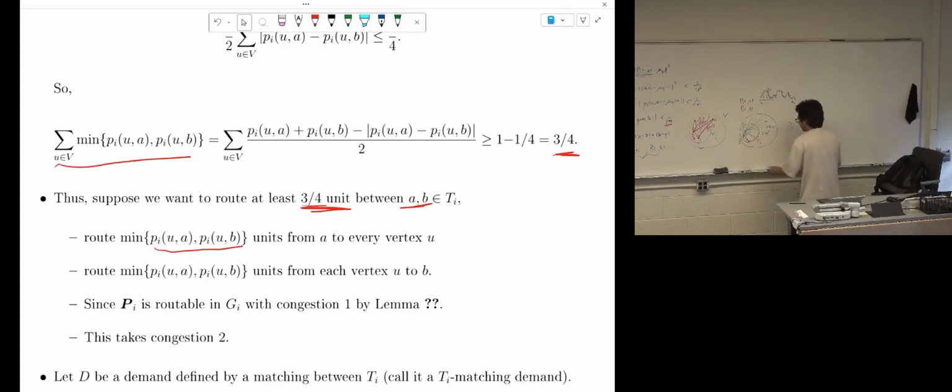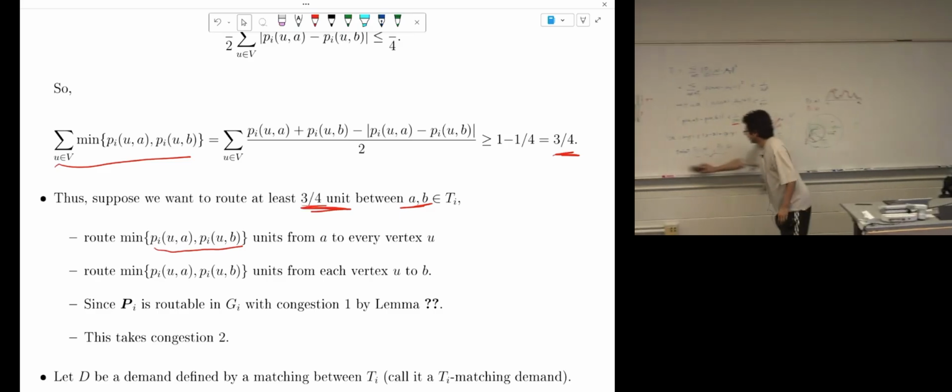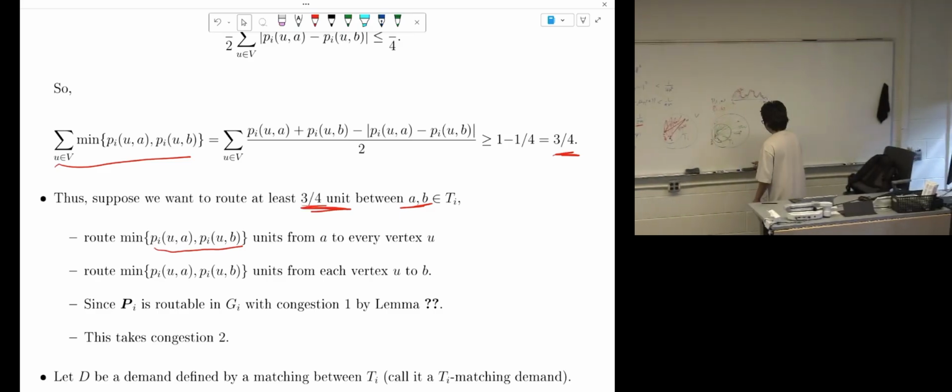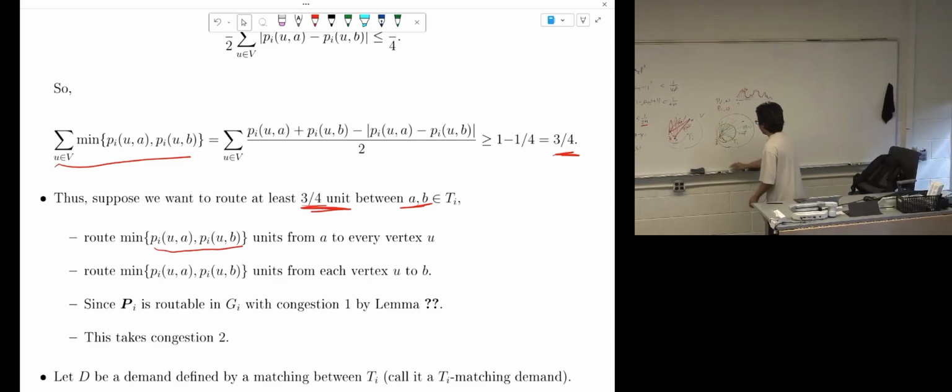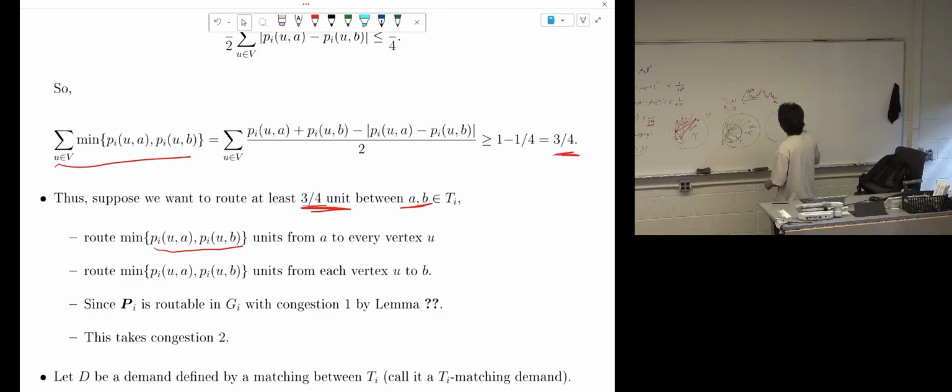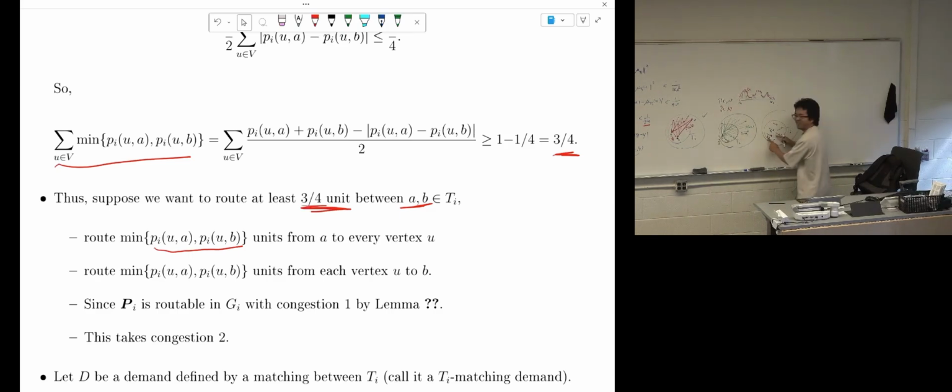So the claim is that if you have any demand that looks like a matching within the active set, where you want to route 3/4 for each, you can route it with congestion 2.